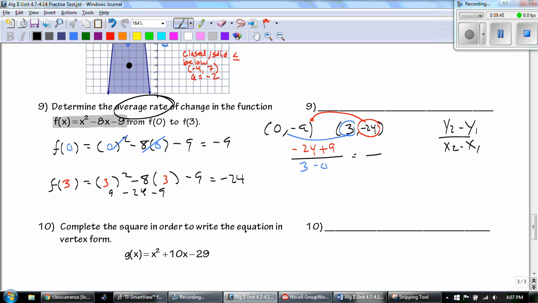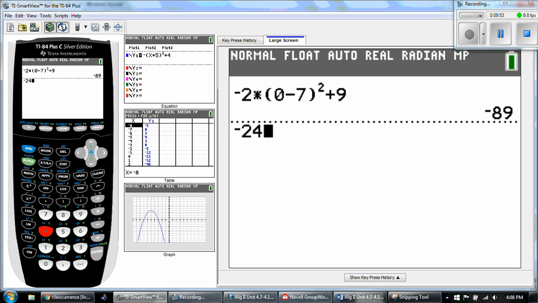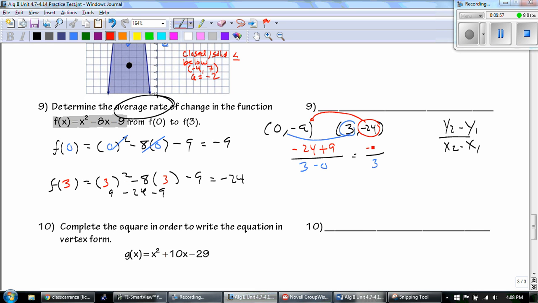Well, 3 minus 0 is easy because 3 minus 0 is 3. -24 plus 9 is -15. And when you divide those, you get an average rate of change of -5.